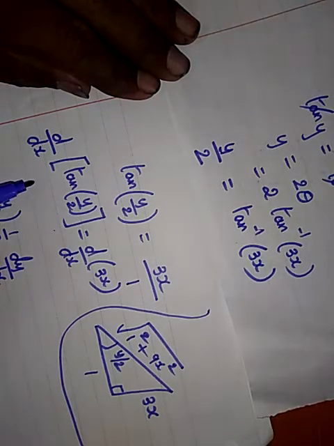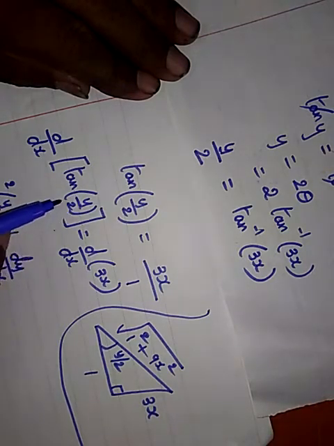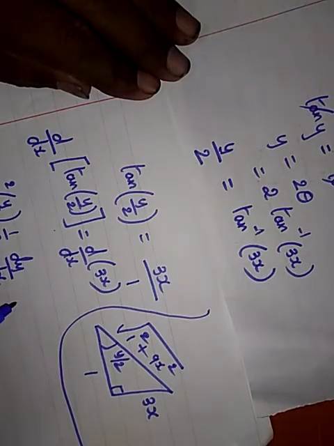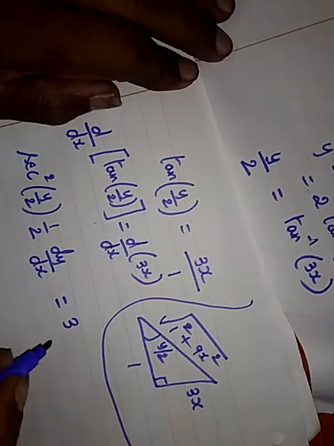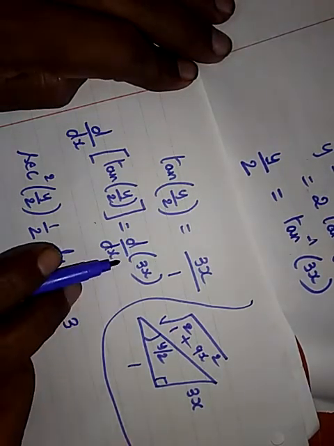So once again I repeat, differentiation of tan y by 2 is secant square y by 2. You have to differentiate the inner function. 1 by 2 is constant. Differentiation of y is dy by dx. Right hand side, if you come, 3 is constant, you pull it outside, dx by dx is 1. So the differentiation of 3x is 3.